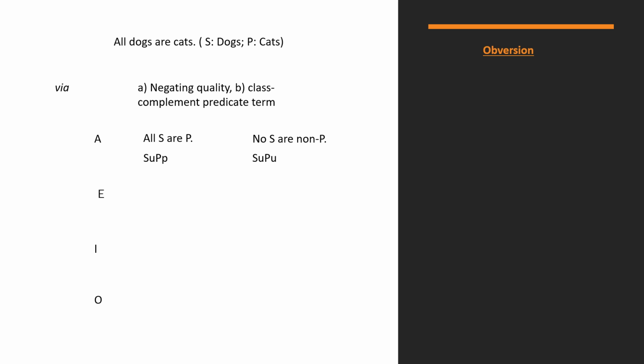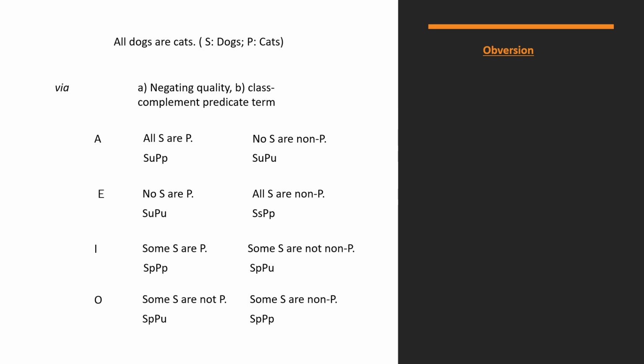A complement, by the way, is an expression in logic, especially here and in the Venn diagram later, that refers to the class outside of this class, or to the non-members of this class, of particular P. So non-P means not members of P. And then the same thing holds for the rest of the propositions here.